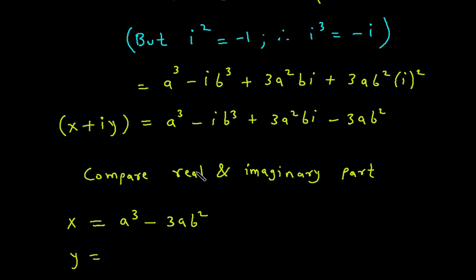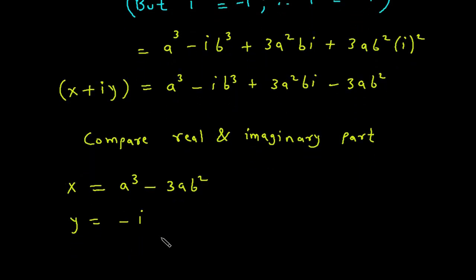So y is equal to, removing i, simply −b³ + 3a²b. So this is the real part and this is the imaginary part.